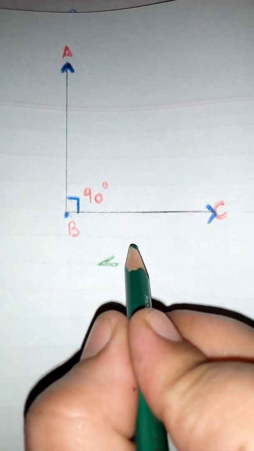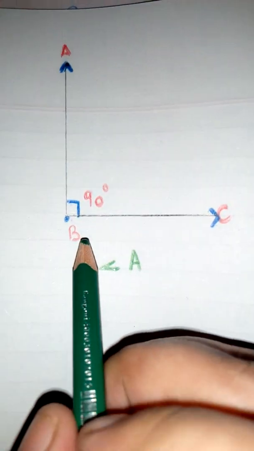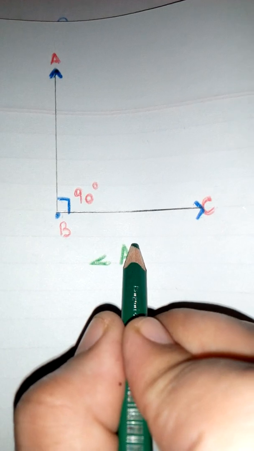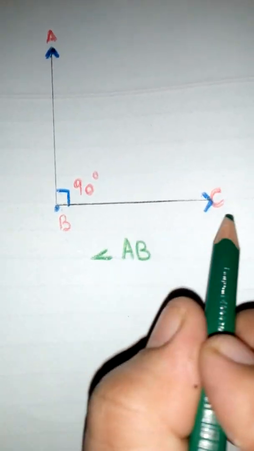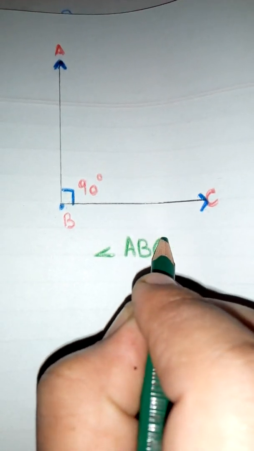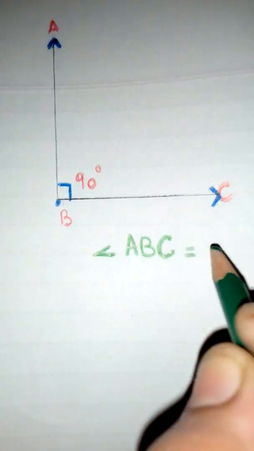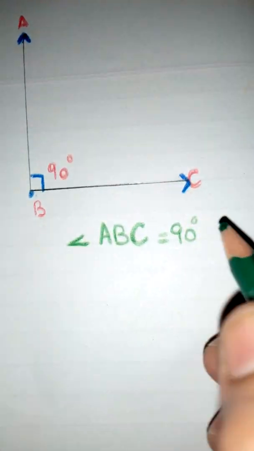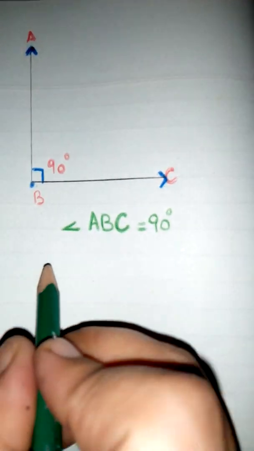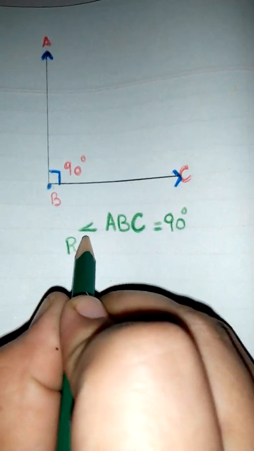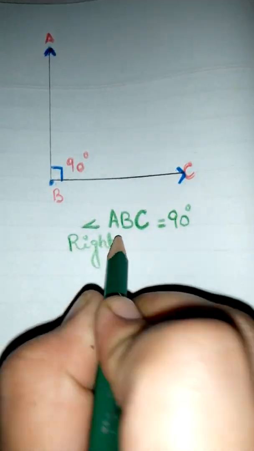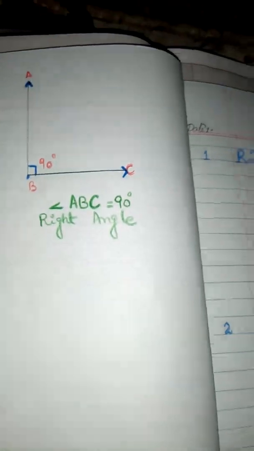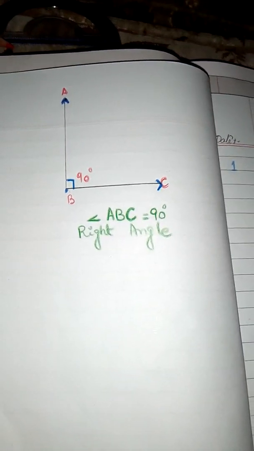A is going to come, and B, because B is your vertex, you are sharing the common endpoint, so B will come in the center, and then C. Angle ABC is equal to, what was the degree? 90 degrees. And a 90-degree angle is known as a right angle. So this is your right angle. This is the proper way of making an angle and the labeling as well.